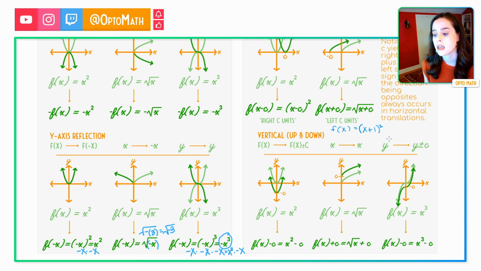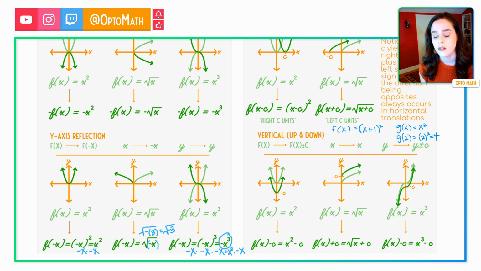Let's say we just want to see the difference between a regular g(x) equals x squared and f(x) equals x plus 1 quantity squared. So let's just substitute, say 2. It's kind of an easy number to deal with typically. So g(2) is 2 squared, which is 4.